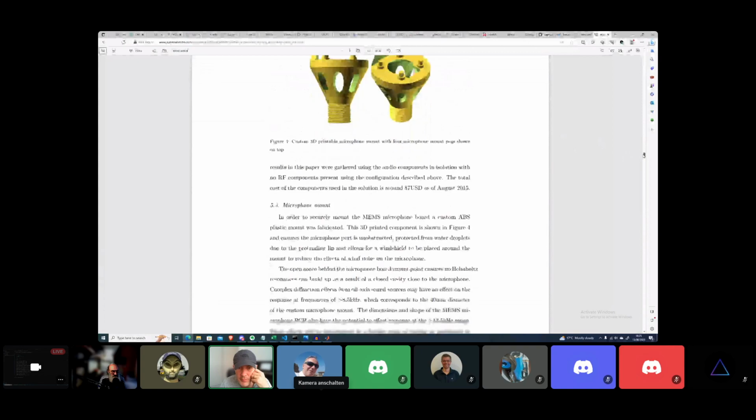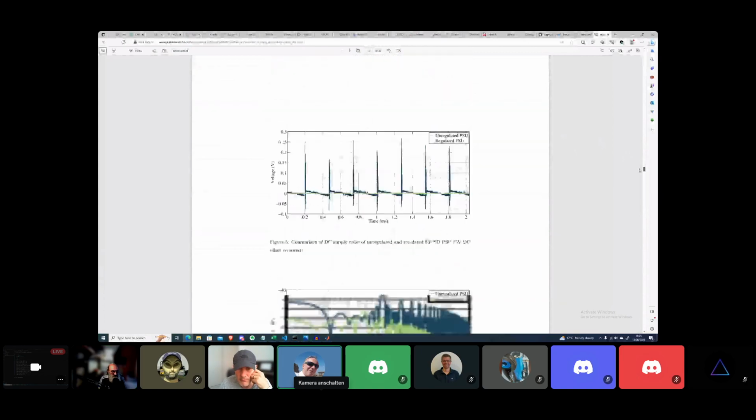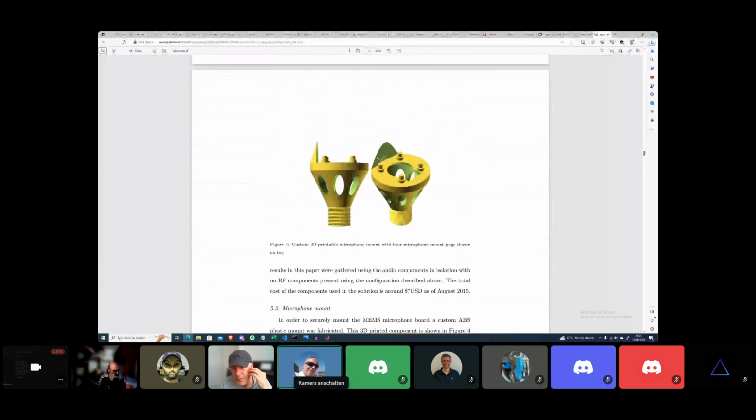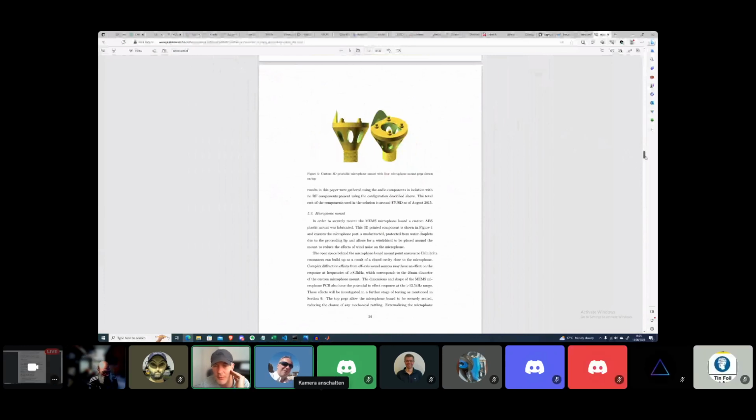What is this shield for on the side of this little enclosure? This upright part. Yeah, what is it for? I think that's just a little lip for protecting, for water runoff. I need to read through it again, but yeah, I think it was just for helping with that.